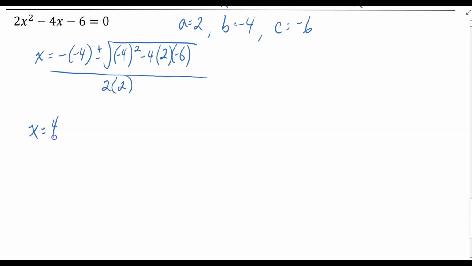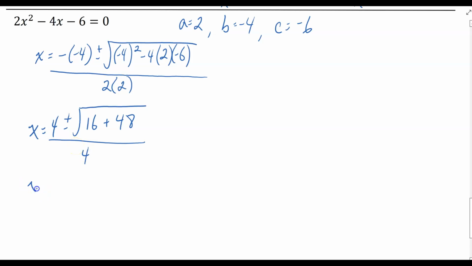X equals 4 plus or minus the square root of 16. I have a negative 4 times 2 times negative 6. So this is going to be a positive. And 4 times 2, which is 8, times 6 is 48. All over 4.